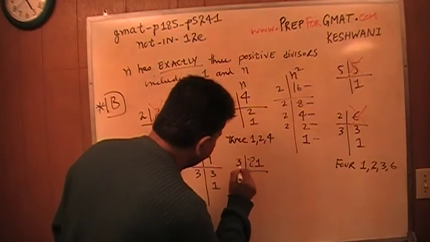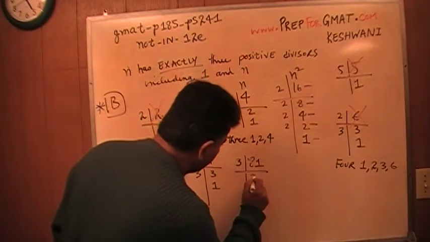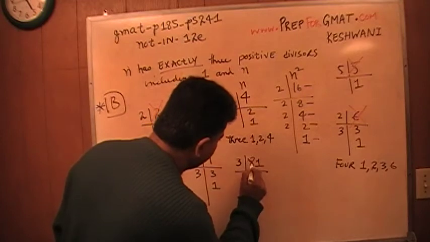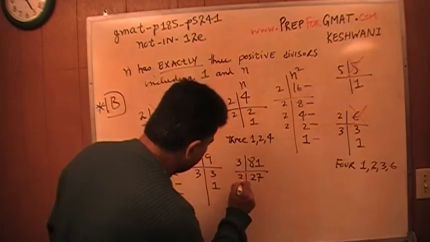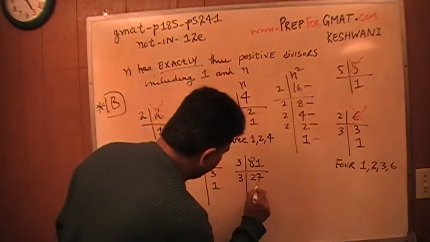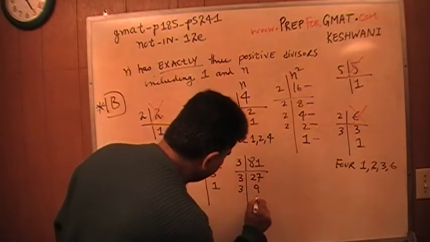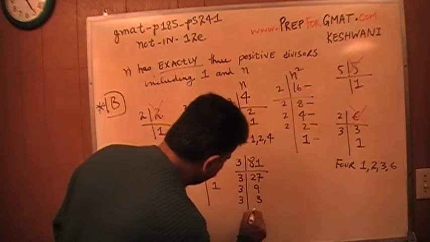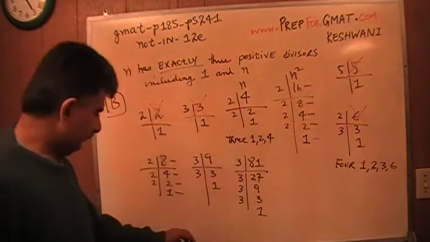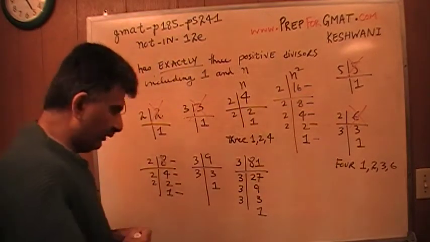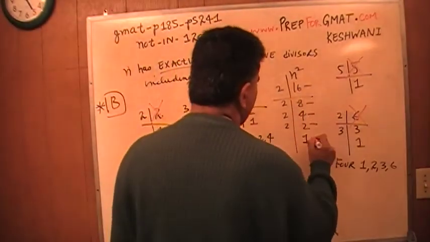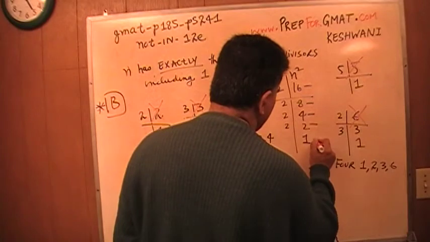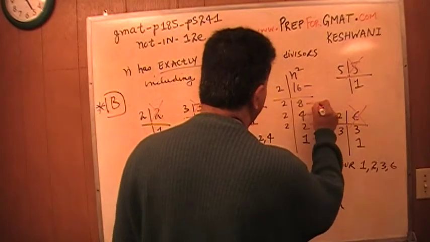81 goes into 3. 3 will go into 8 2 times. That's 6 and 2 remaining, that's 27. 21 goes into 3 7 times. That goes into 3, 9 and then 3 and again 3 and then 1. There you go. As we said before, we found that there were 5 divisors for n squared: 1, 2, 4, 8 and 16.